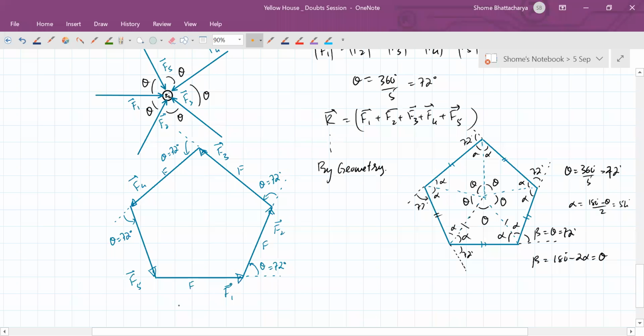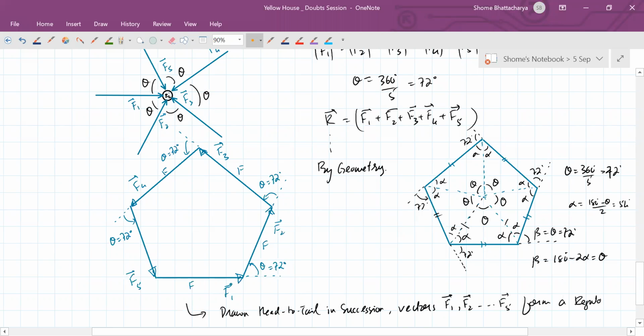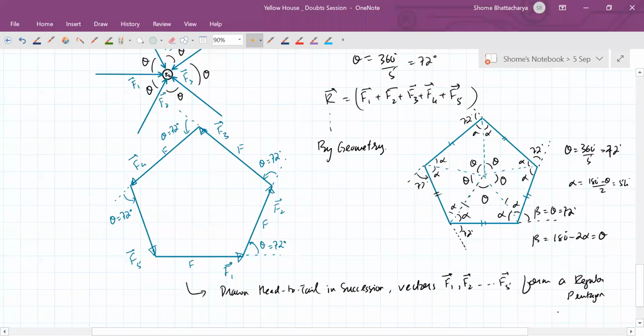So this comparison shows that, drawn head to tail in succession, the vectors F1, F2 up to F5 form a regular pentagon, and moreover they form a closed shape.